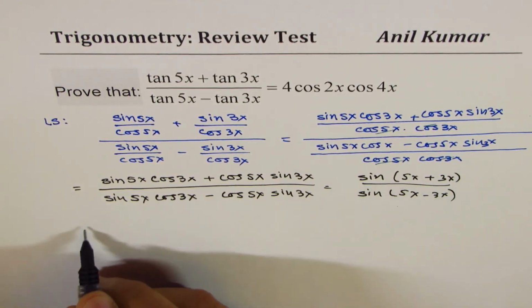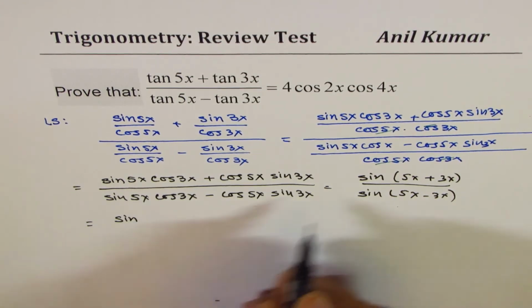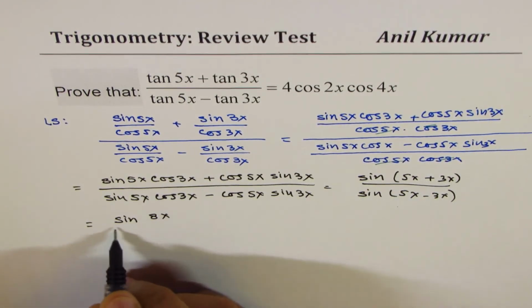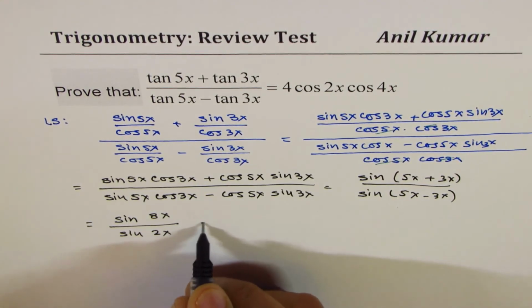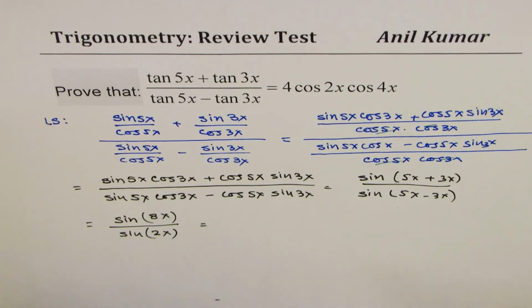Now that is equal to sine 8x over sine 2x. Now what do we need to prove?